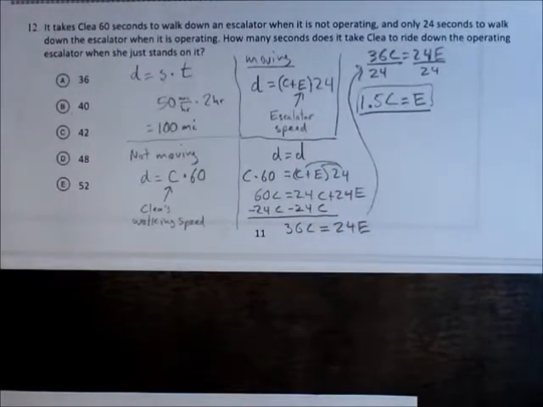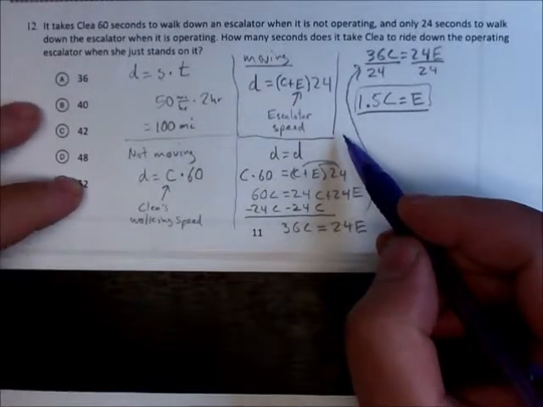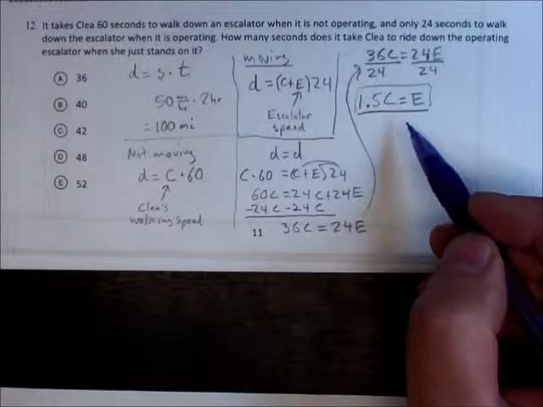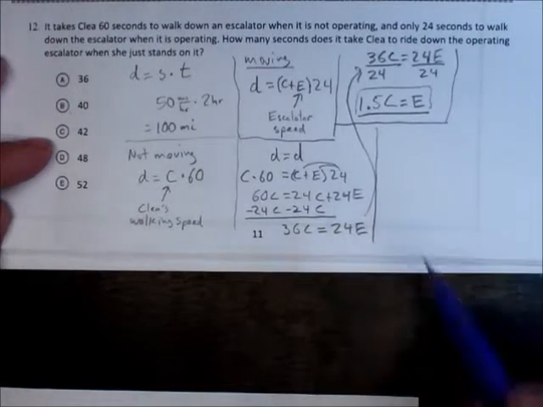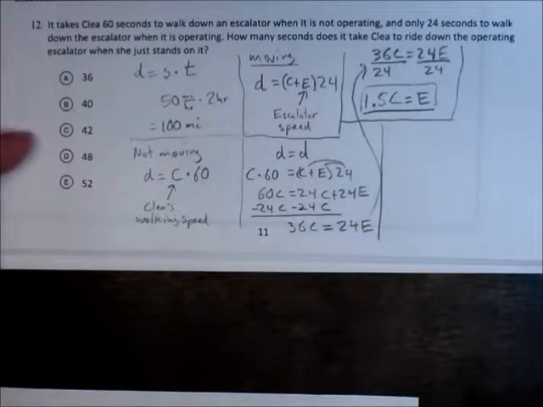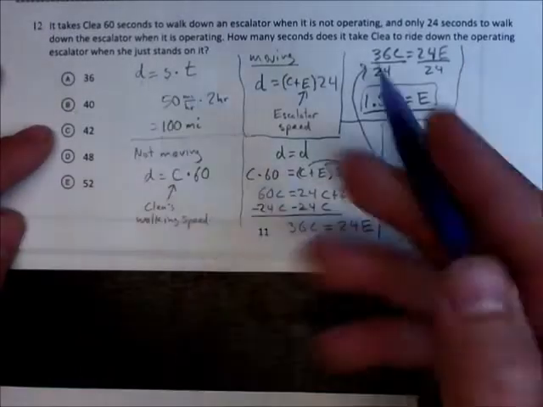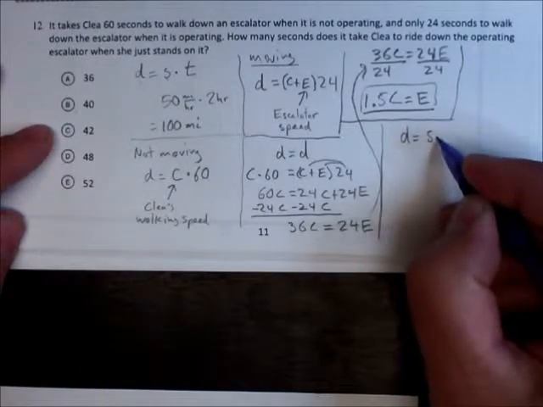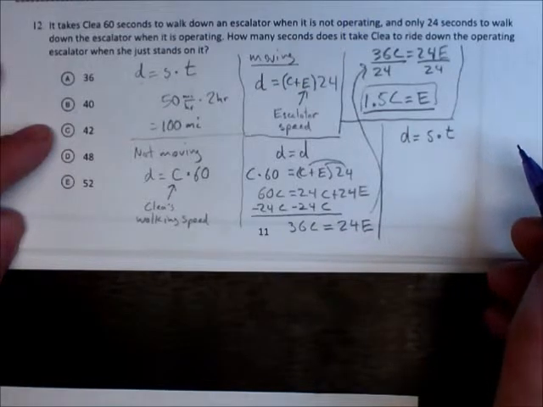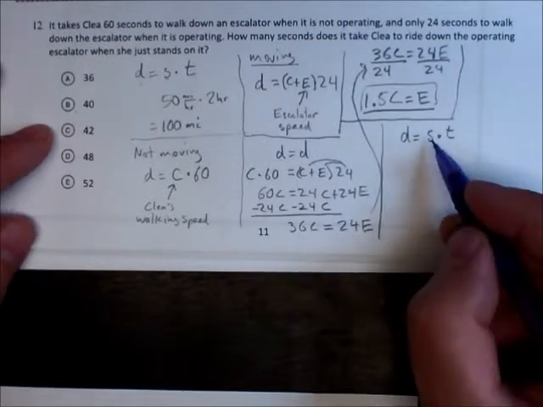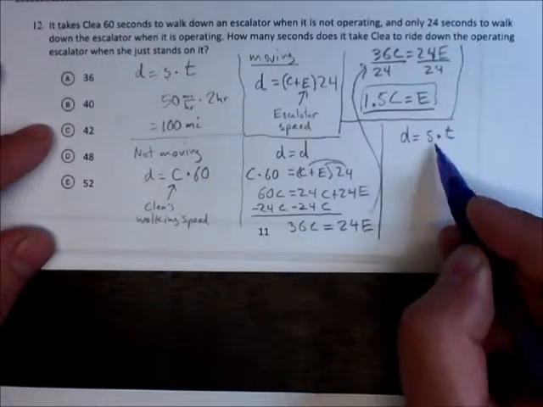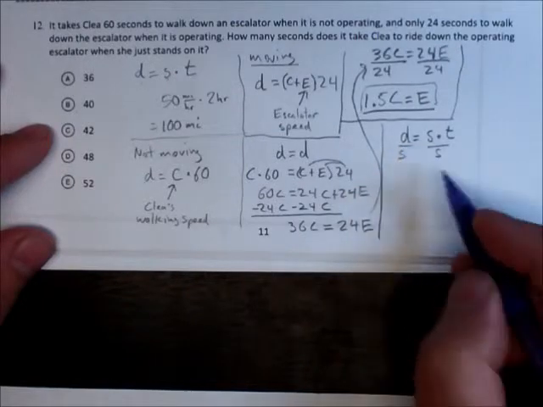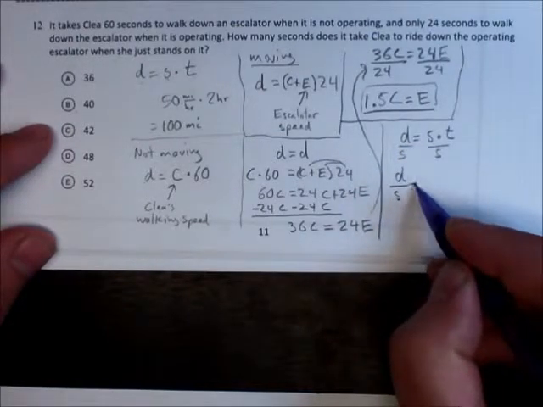Now we need to find the time it's going to take the escalator essentially to move its distance. For the escalator to move its distance, we're going to rearrange this formula. If d equals s times t, then if I divide both sides by s, I get d over s equals t.